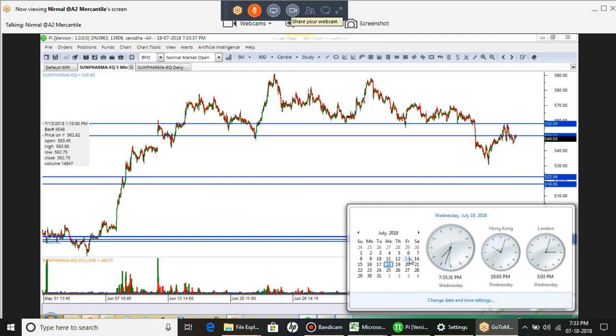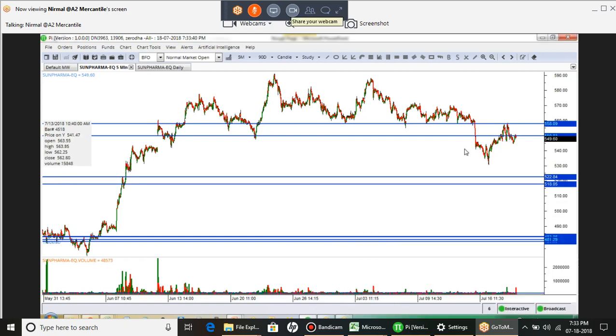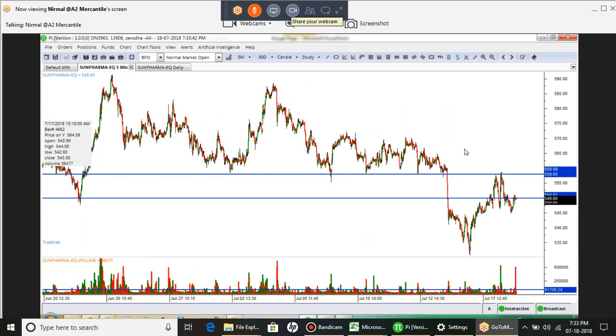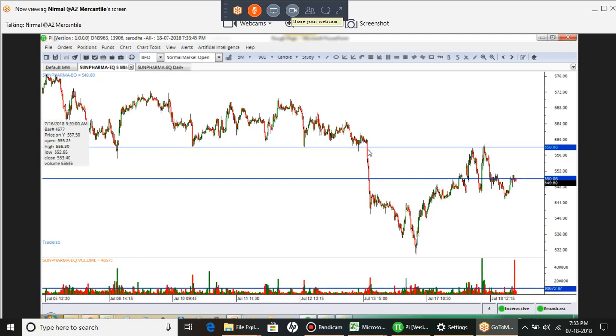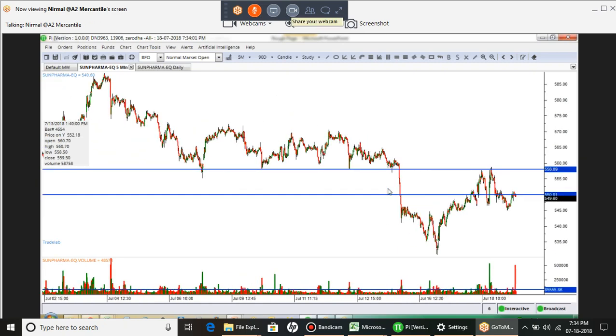On 13th, it told you in the evening that pharma has gone bearish, correct? After it has gone bearish, on Monday on 16th, did it break the crucial support level? Yes, sir. On Monday only it broke the support level. Now, pharma is still bearish, right?